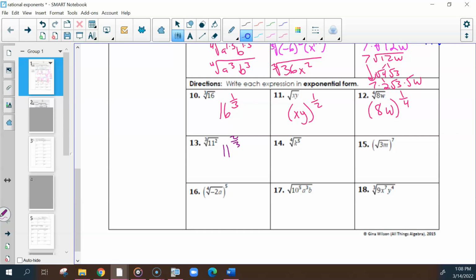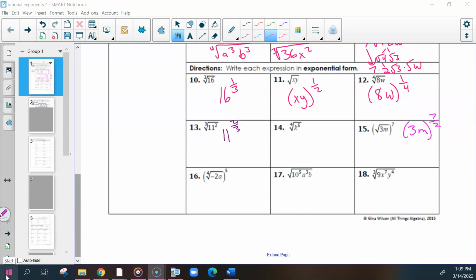So something like 15. Now this exponent is on the outside, but it works the equivalent of if it were inside. So what you would do is still do 3m to the power of 7/2. So hopefully that makes a little bit more sense.